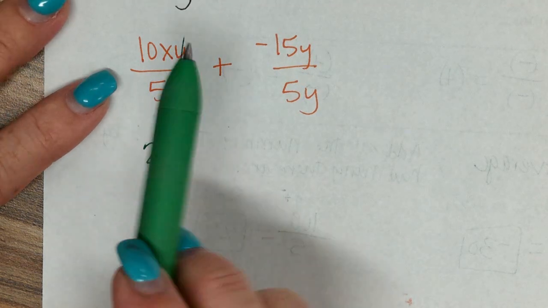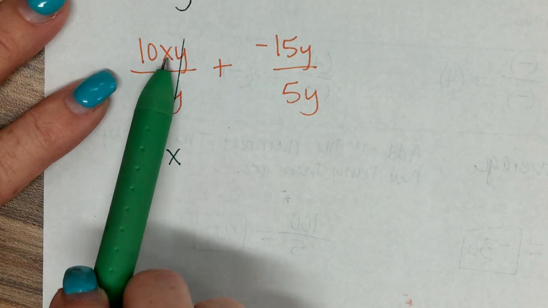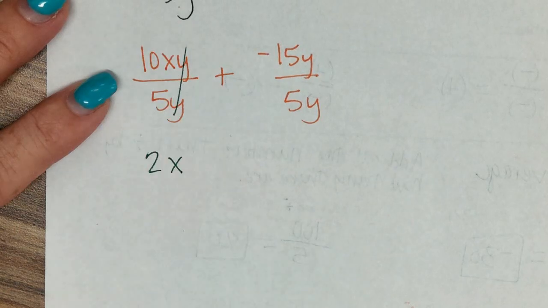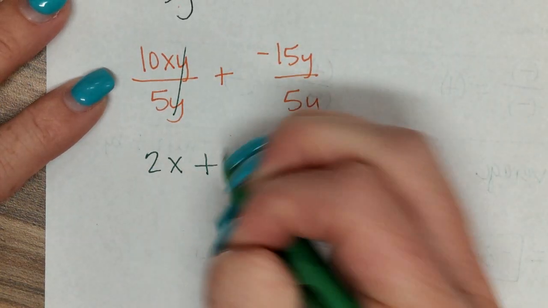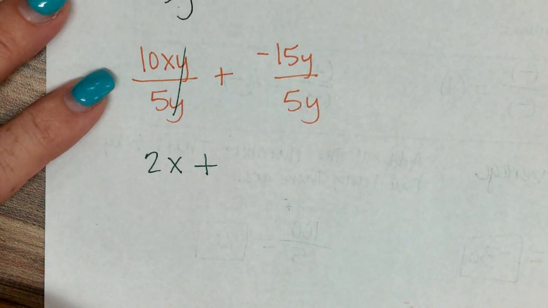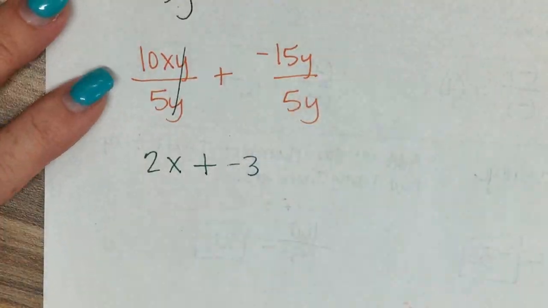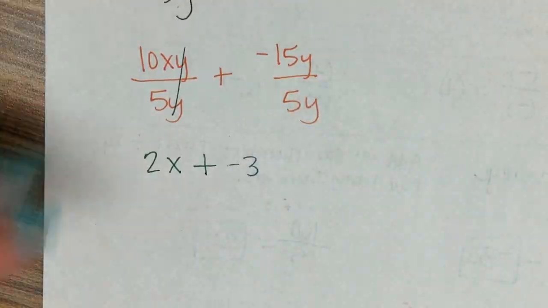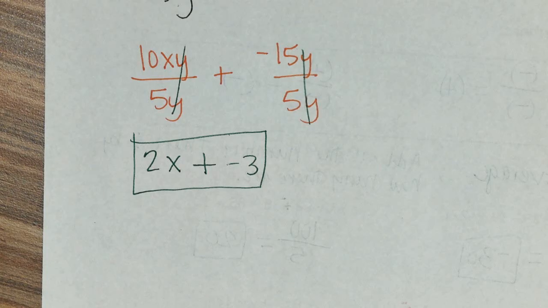So let's talk about it again. 10 divided by 5 is 2. X stays there, and the y's cancel out. Yes? Plus, what is negative 15 divided by 5? Negative 3. Do I keep the y's, or do they cancel out? They cancel out. So I'm left with this.